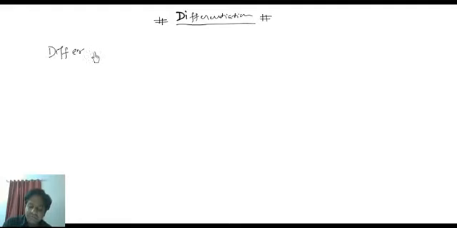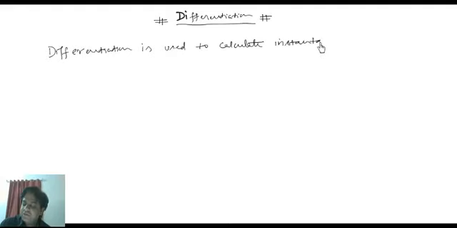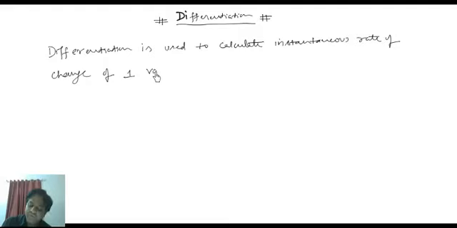Differentiation is used to calculate the instantaneous rate of change of one variable with respect to some other variable.